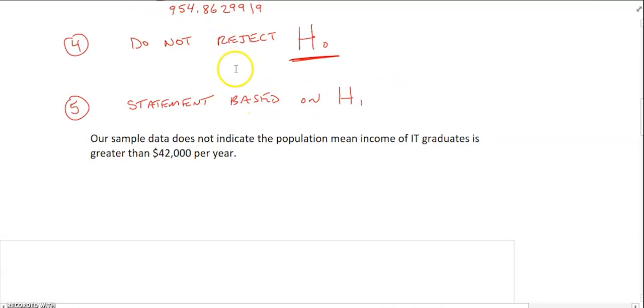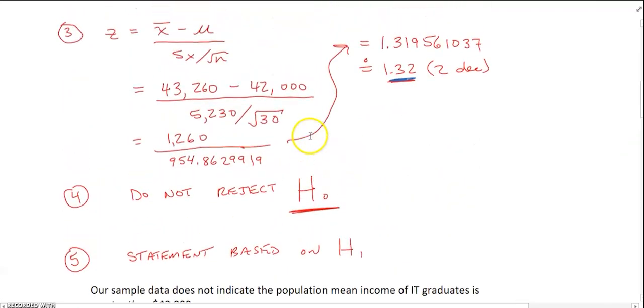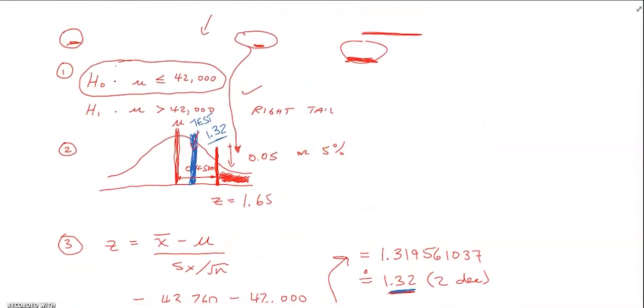Now, with that said, let's just recap what the steps were. Step 1 was to state the hypotheses. Step 2 was to find the critical region and values.